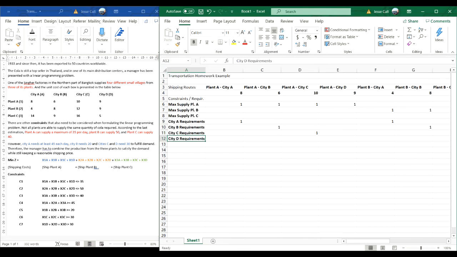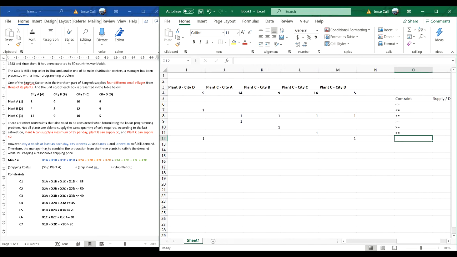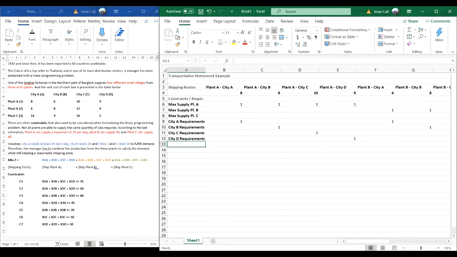The last one, right here. So what we've shown is that our constraints are now fully accounted for. And again, it doesn't matter what order we do this in.